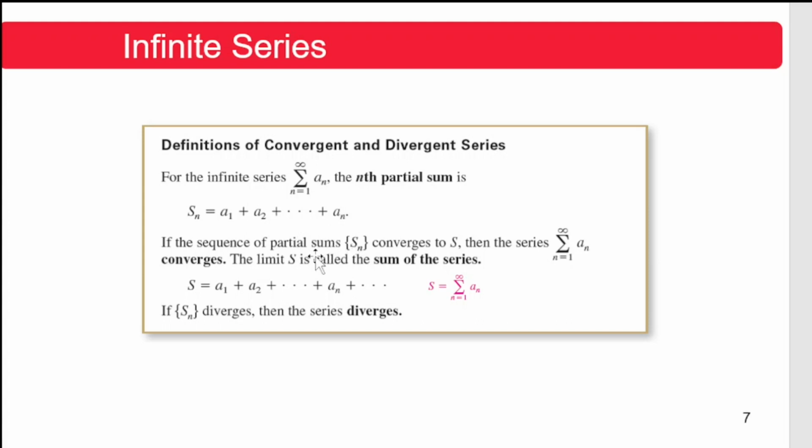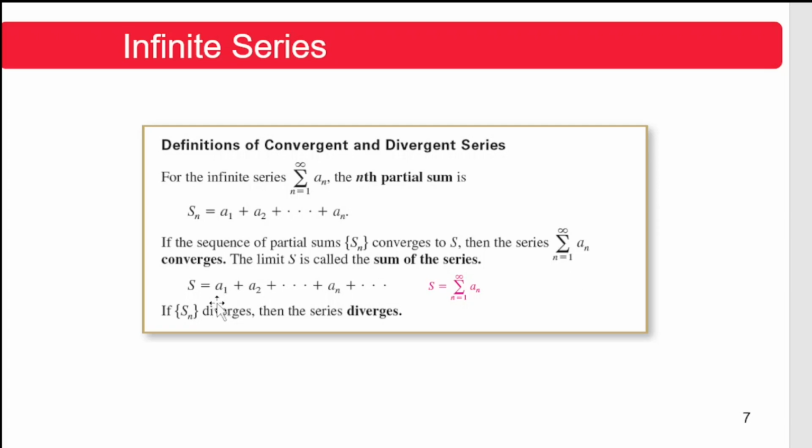If the sequence of partial sums converges to S, then we can say that the series summation of a sub n, where n is from 1 to infinity, converges. And the limit S is called the sum of the series.